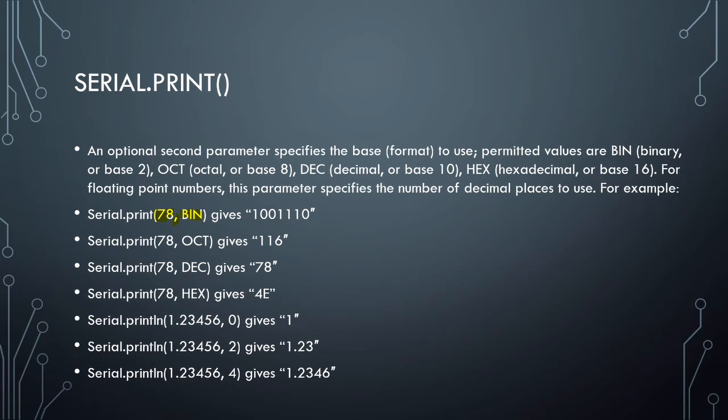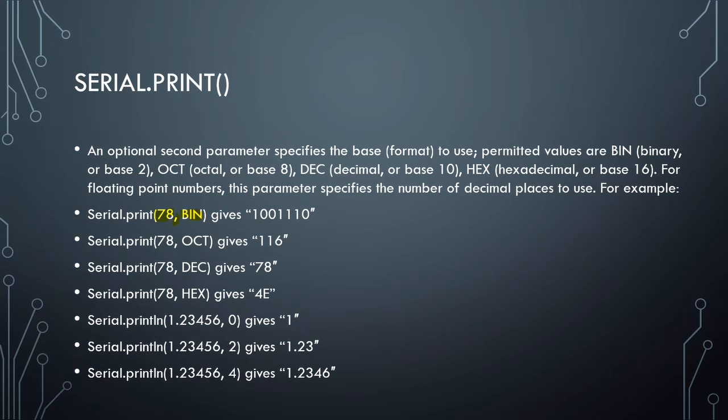So instead of doing that conversion or trying to calculate that conversion, the serial print command can do that for you. This would be really great if you were building a microcontroller that acted as a converter. It would take in a number in a given number system, and then you could use serial print to give you the output in a different number system, much like a calculator can actually do on your computer.